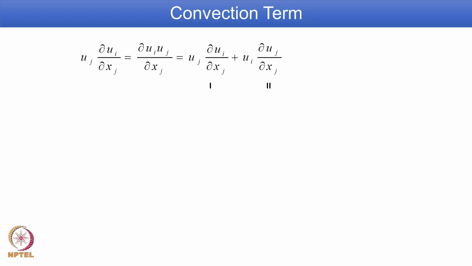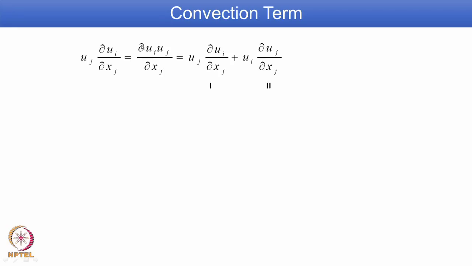If you actually perform partial derivatives on this variable u_i u_j by the product rule, you get the first term as u_j ∂u_i/∂x_j plus u_i ∂u_j/∂x_j.